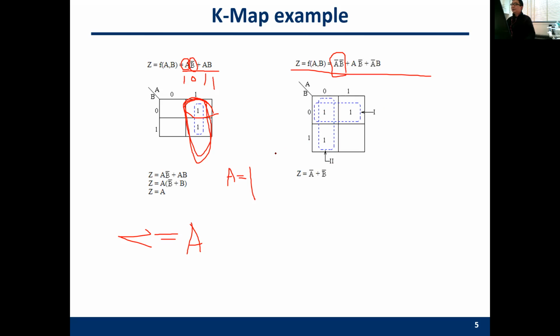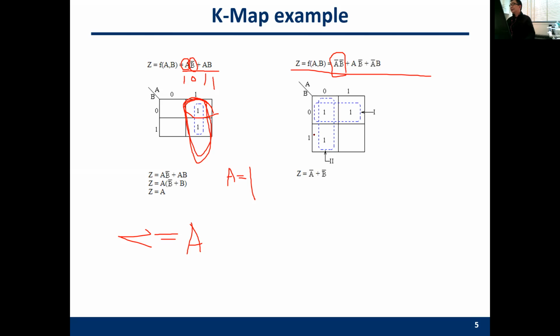So when you cover a single one by a circle, that's reasonable. That's a right thing to do. But also you need to draw the circle as large as possible to cover more ones. How about 2?